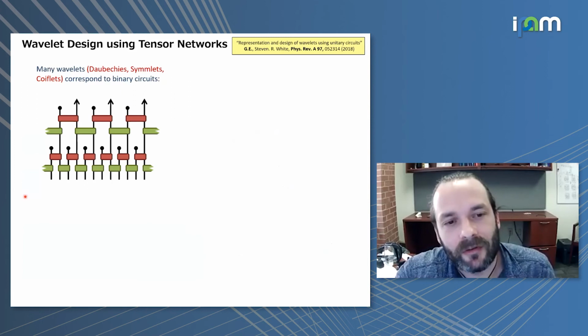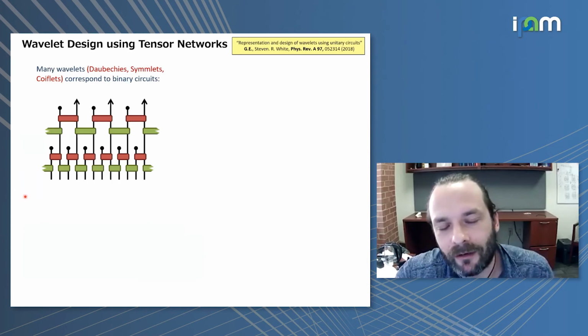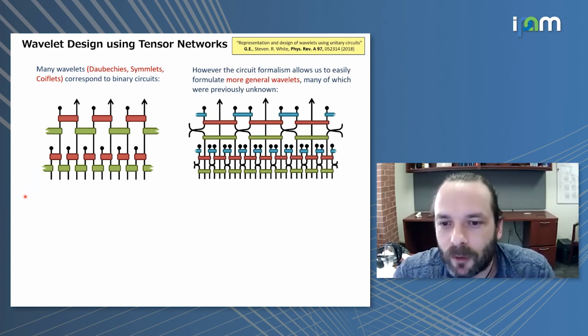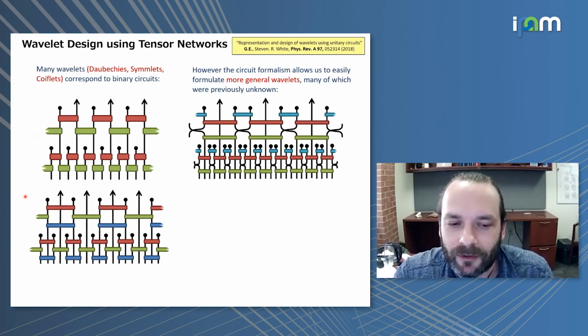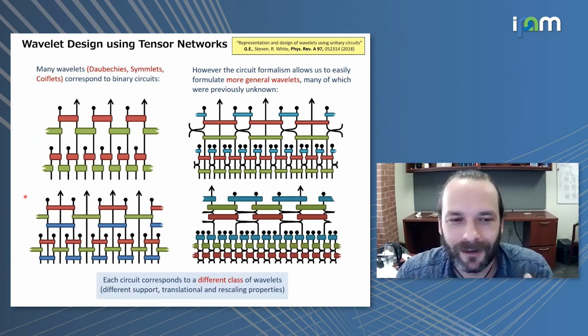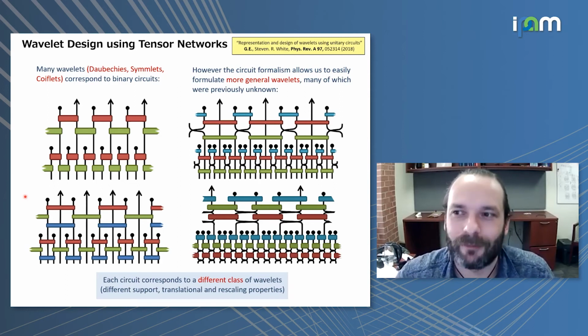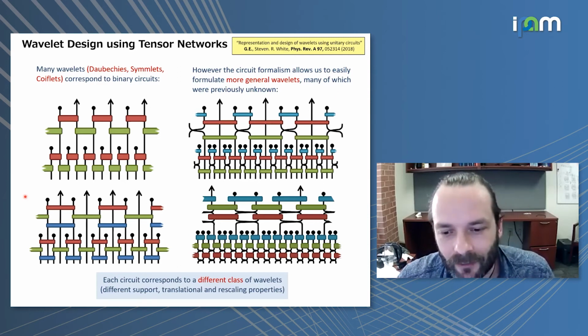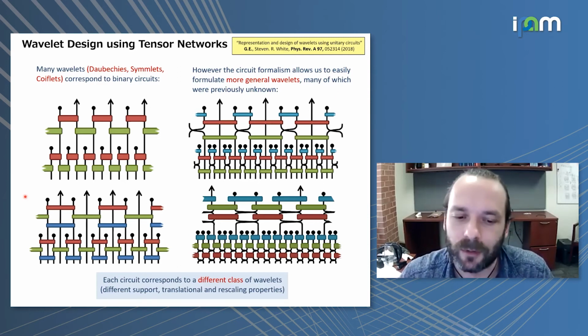And so we try to do the same type of thing with wavelets, where rather than the standard binary circuit, we explored many other types of unitary circuit. Okay, so there are many different ways you can compose these gates and build layers, to represent this hierarchical transformation. These are all essentially types of wavelets. However, they may differ from the established notion of what a wavelet is. They can represent different scaling factors as well as different translational and blocking properties.